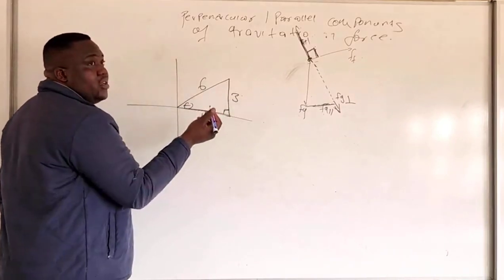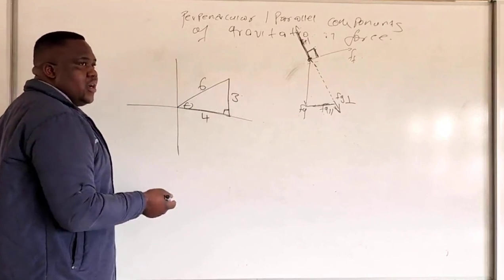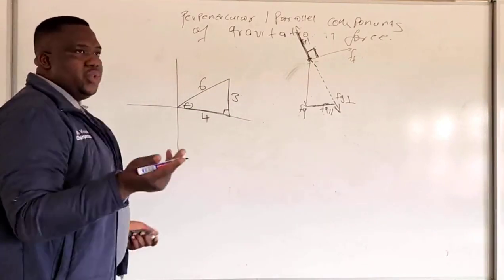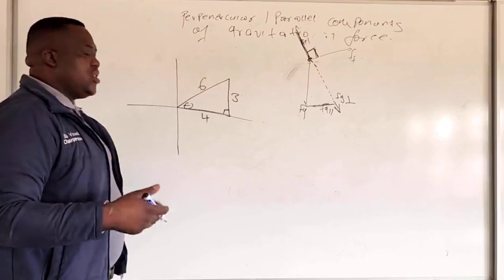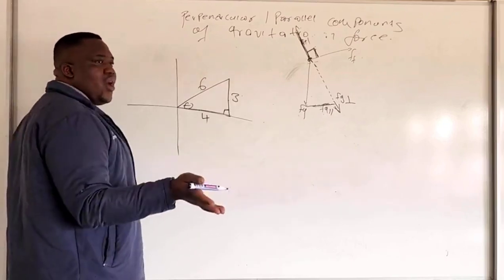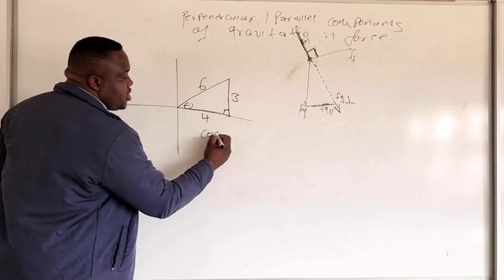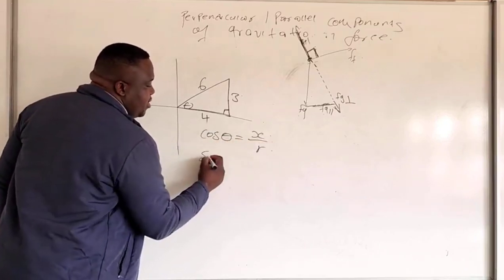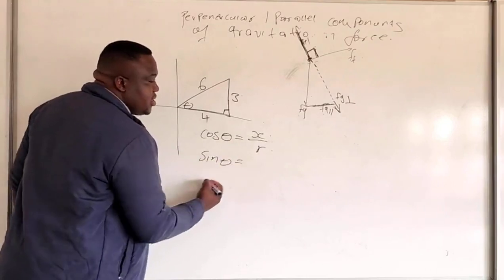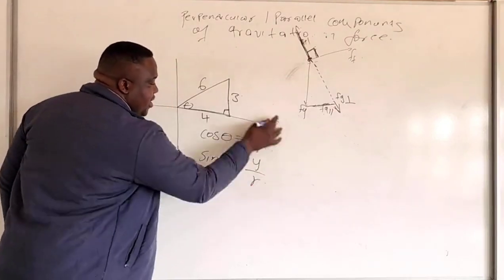This one is r. For trig ratios, we usually do not use hypotenuse, adjacent, and opposite. We use x, y, and r. We know that cos theta equals x over r. Sin theta equals y over r.